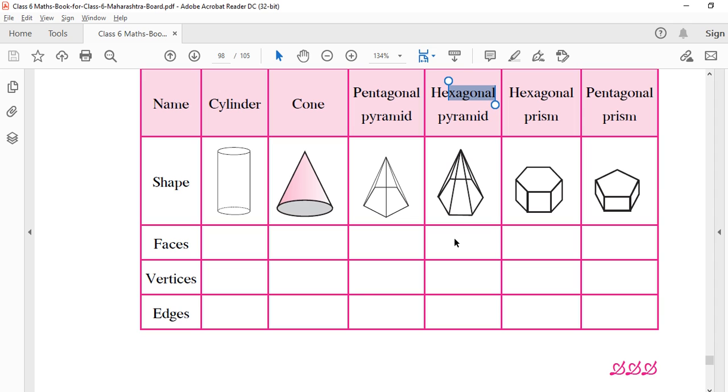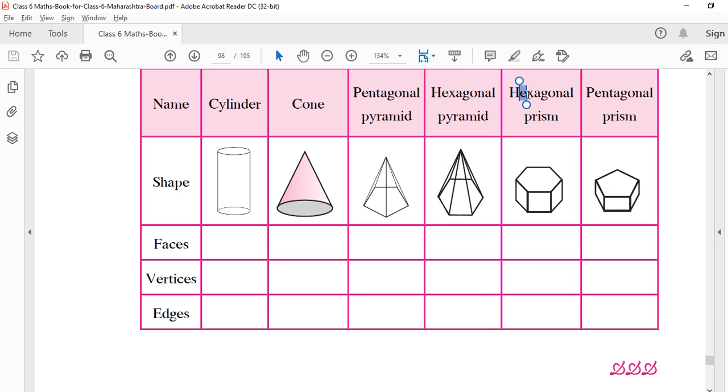So we have 7 faces over here. Then vertices: we have 1, 2, 3, 4, 5, 6, and then 7. This is 7. And edges, how many do we have? This is 1, 2, 3, 4, 5, 6, 7, 8, 9, 10, 11, and 12. So we have 12 edges in this case.